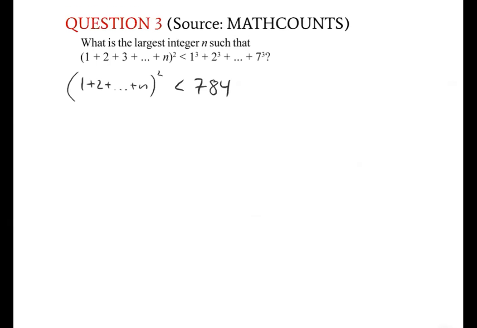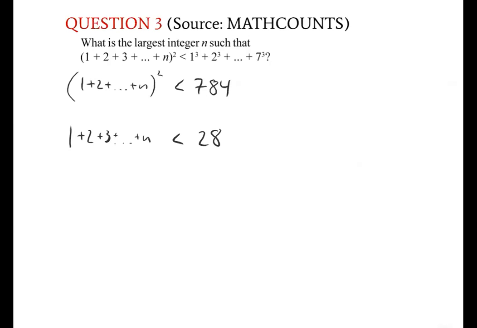Conveniently, 784 is also a square number, so we can do the square root of both sides, and we'll be left with 1 plus 2 plus 3 ... plus n is less than or equal to 28.